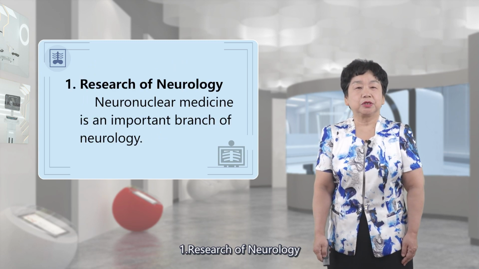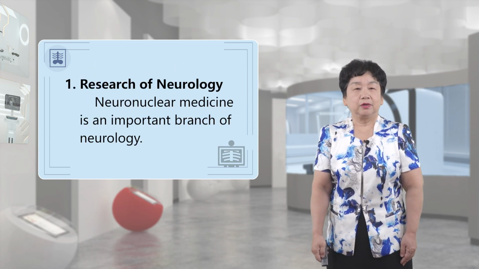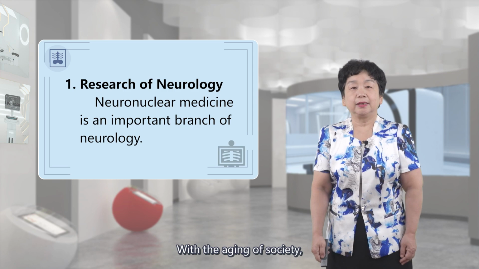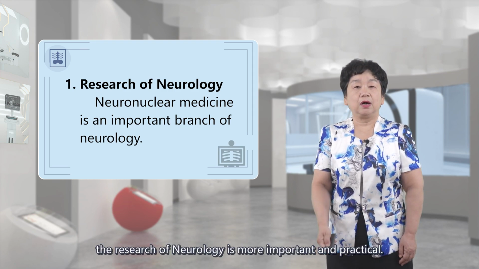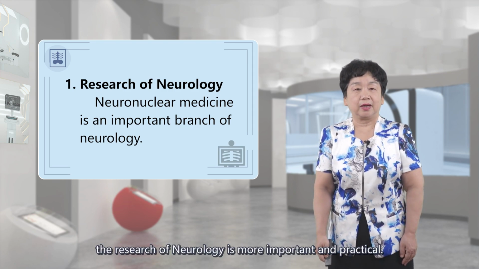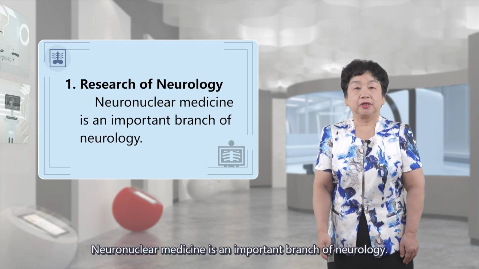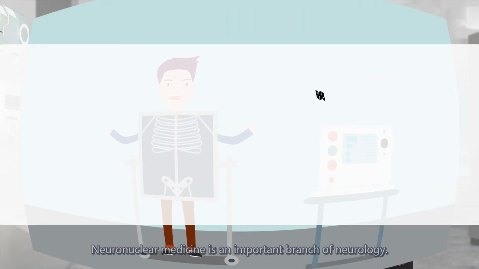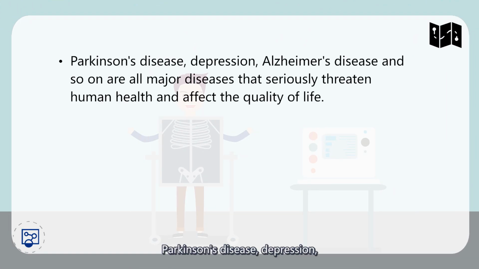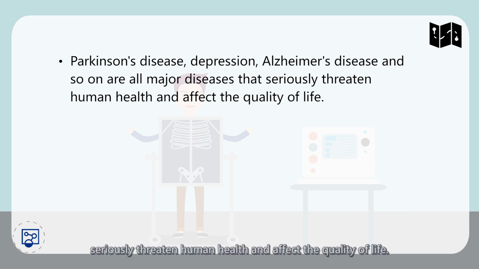First, research of neurology. With the aging of society, the research of neurology is more important and practical. Neuronuclear medicine is an important branch of neurology: Parkinson's disease, depression, Alzheimer's disease, and so on, all major diseases that are a serious threat to human health and affect quality of life.